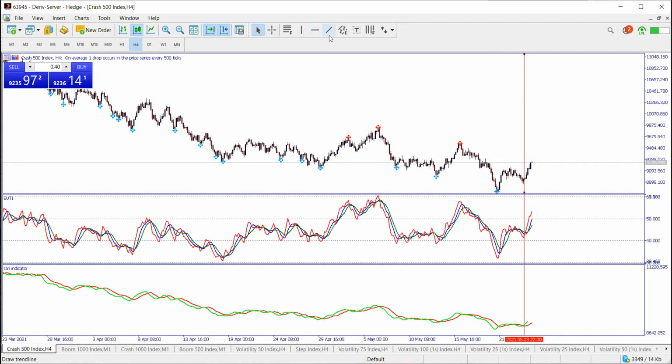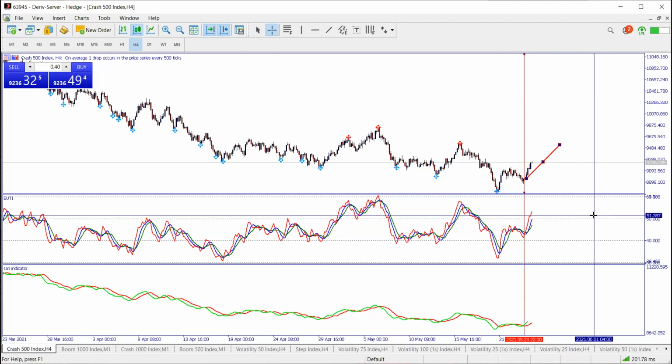So from 10 p.m. yesterday, those who use Yun have been buying. Remember, we said when there's a blue diamond, it reaches 40 and it crosses over, it's a buy. So Crash 500 is in buy, but now our first exit point is level 50.